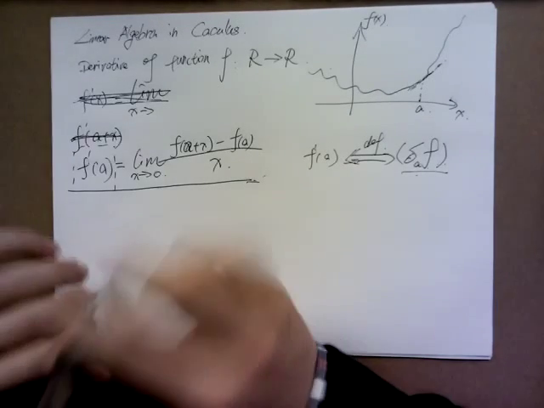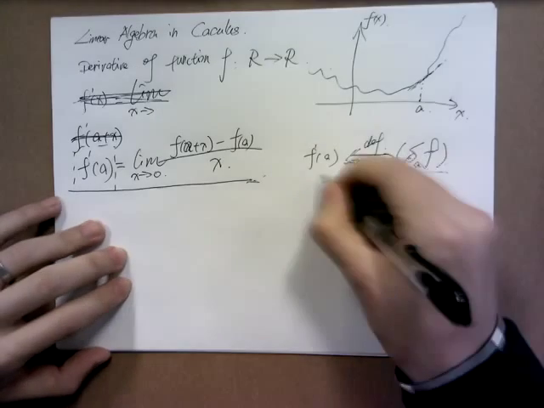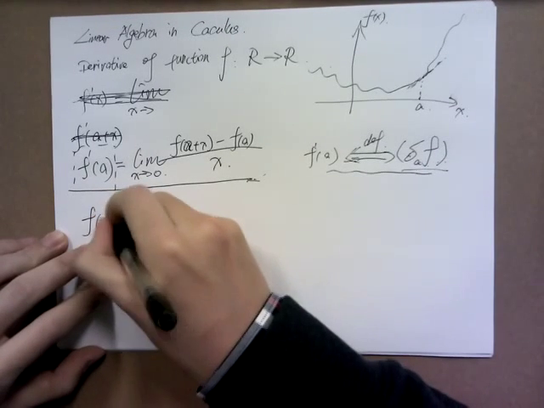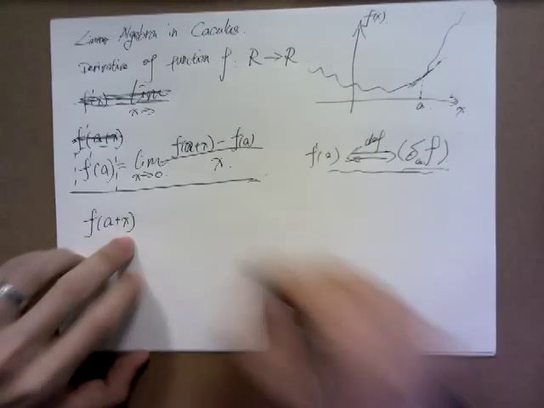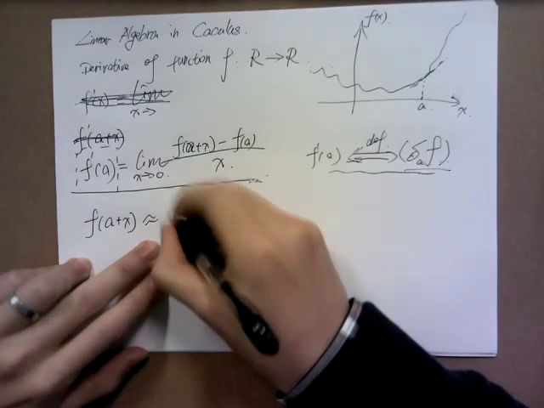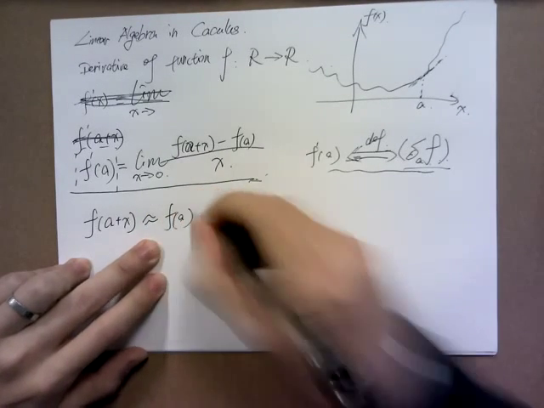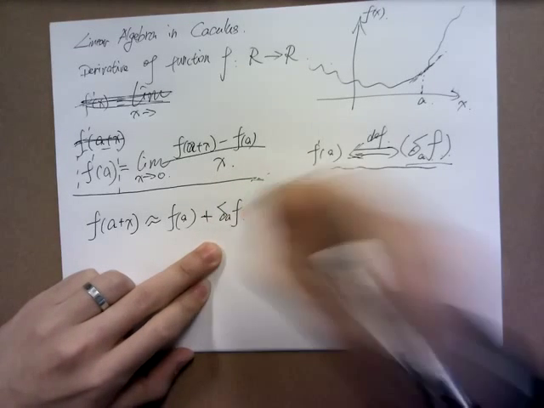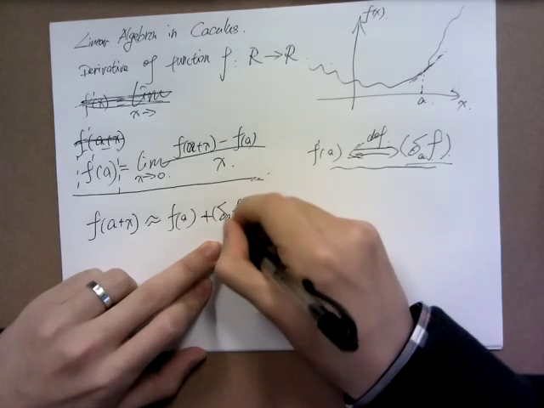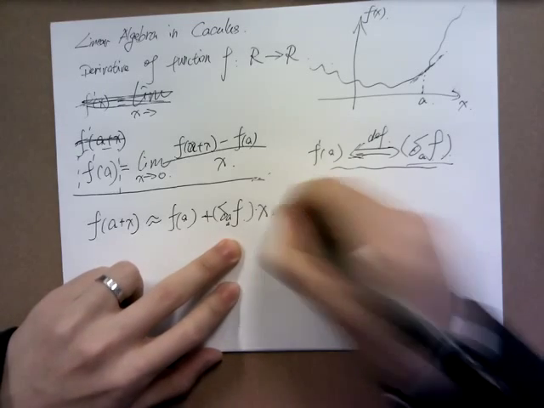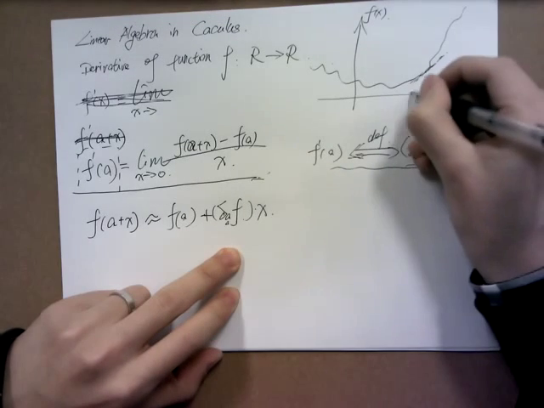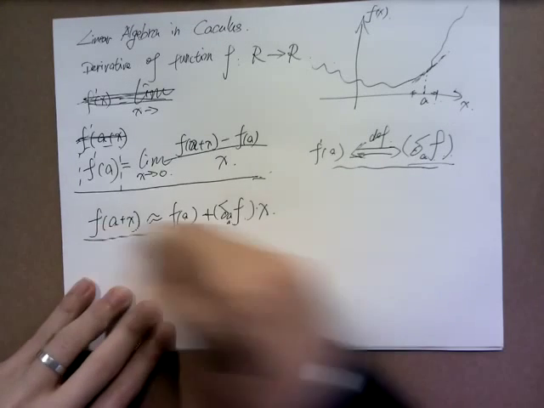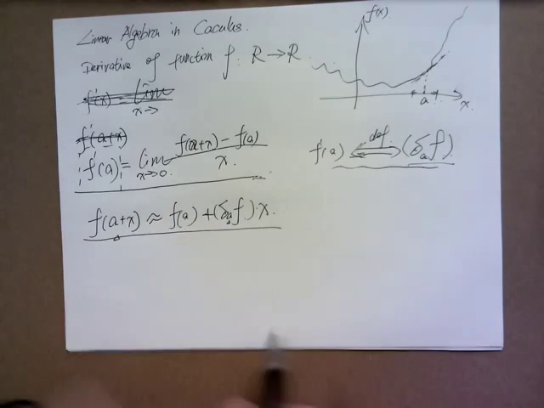Okay, so once we have this notation, we can also represent f(a + x) as approximately equal to f(a) plus the total derivative of f near point A multiplied by x. So x will be a really small region near A.